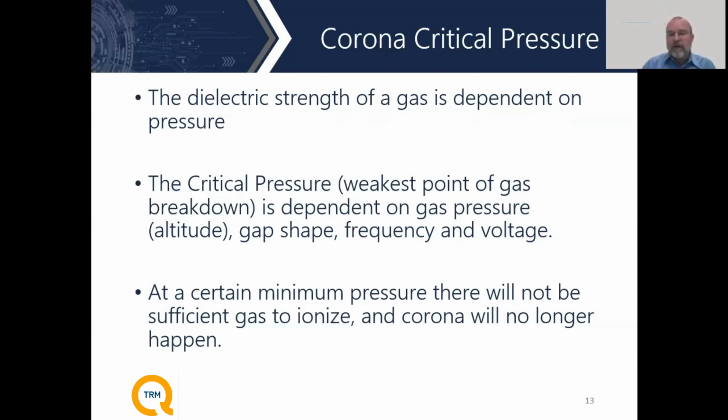The critical pressure and corona also depend on the type of gas. For example, oxygen will have a very different breakdown than nitrogen or other gases. So we have to be careful when we do the analysis to look at what type of gas we're dealing with, as far as how and where that breakdown mechanism actually happens.